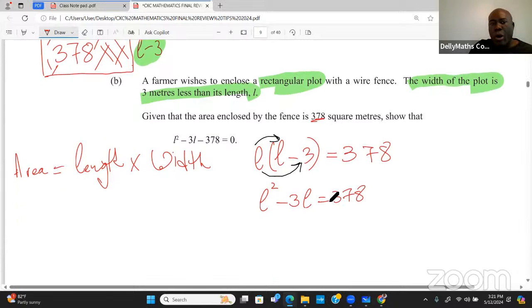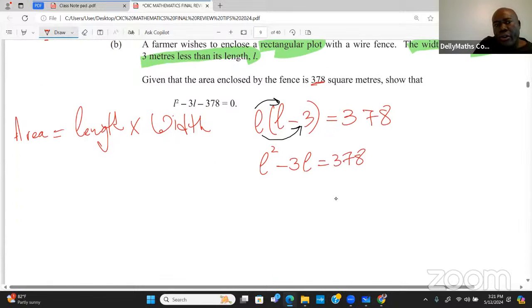As you could see, we're almost closing in on what they wanted, because this is what they wanted. So in order to get it the right way, we're going to subtract 378 from both sides, so that there is a 0 on the right side, just as they had requested. Let us rewrite this.